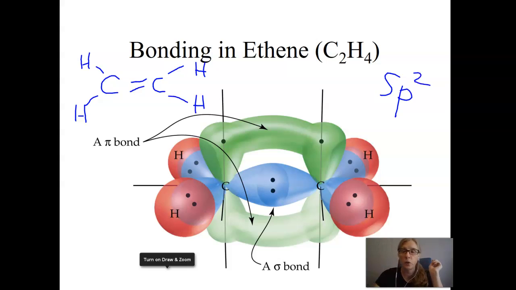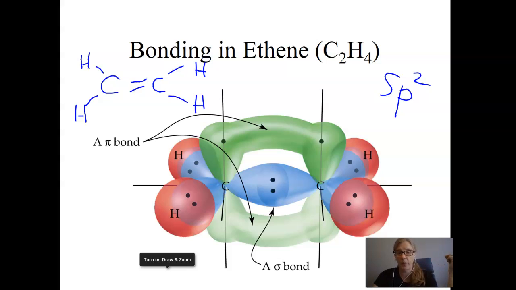So the number of domains corresponds to the number of orbitals that have been blended or hybridized. Those hybrid orbitals are represented in blue here. And so you can see the sigma bond between the two carbon atoms, the head-on overlap of the blue hybrid orbitals. There are also sigma bonds between the blue hybrid orbitals of the carbon and the red 1s orbitals of the hydrogen.